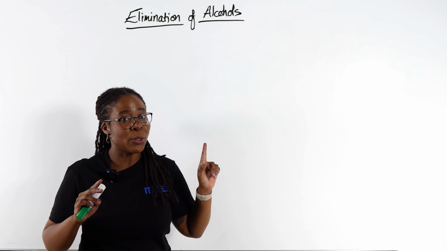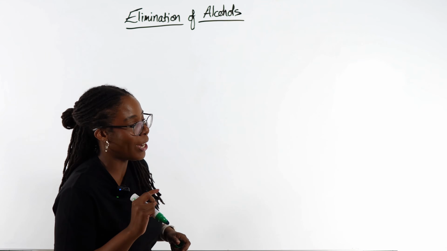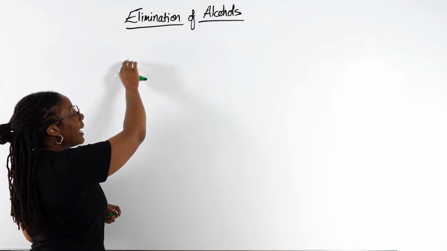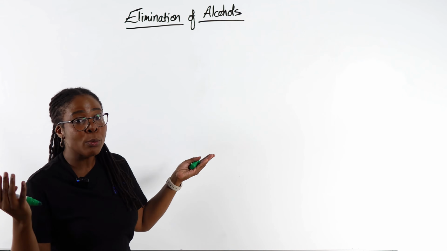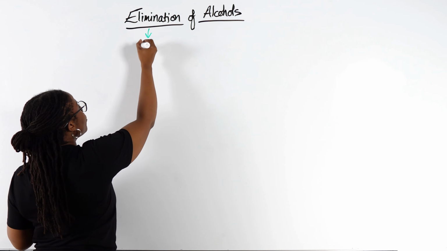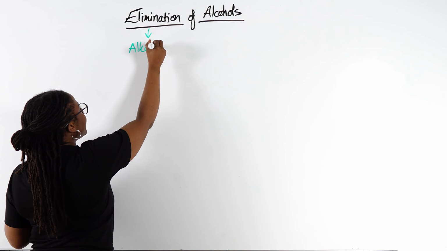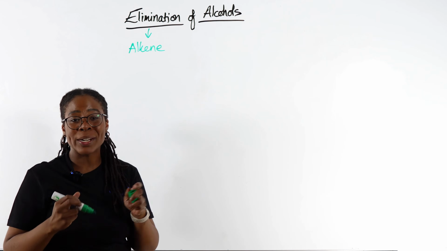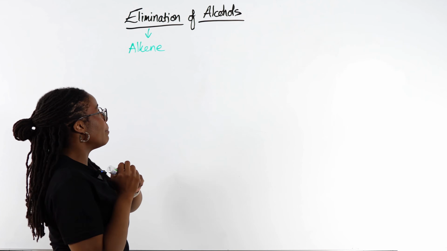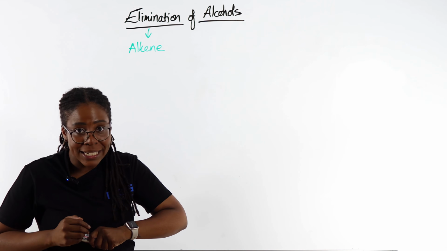I'm going to go through these pretty quickly because we spoke about it for halogenoalkanes, but essentially with elimination, we remove a group and so we produce an alkene. From an alcohol to an alkene, we will need to use an elimination mechanism.